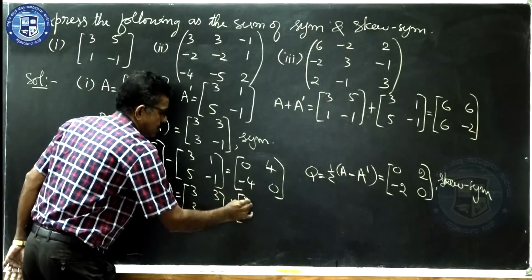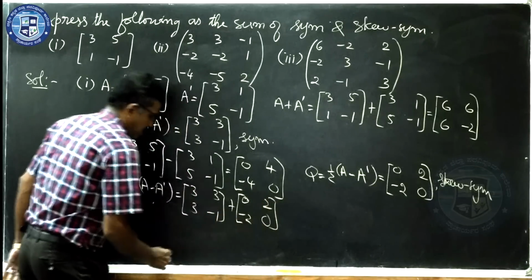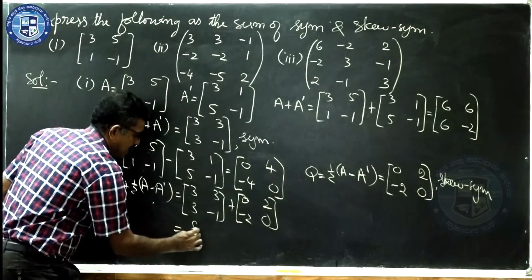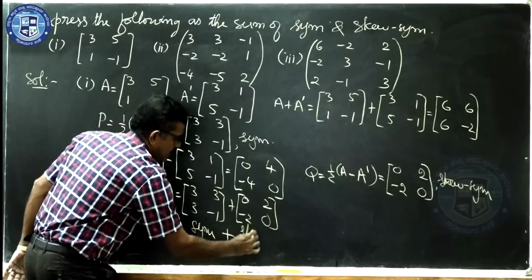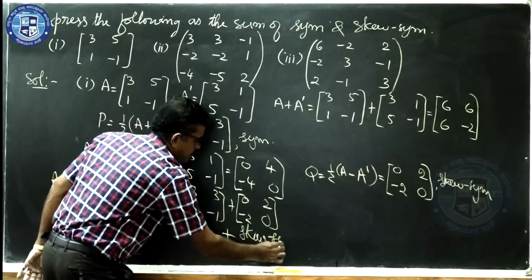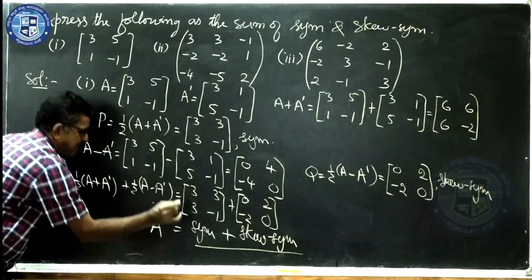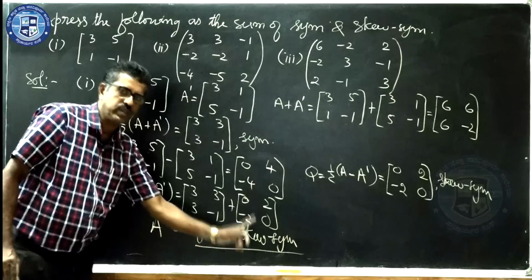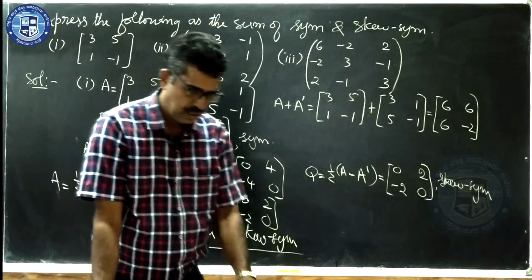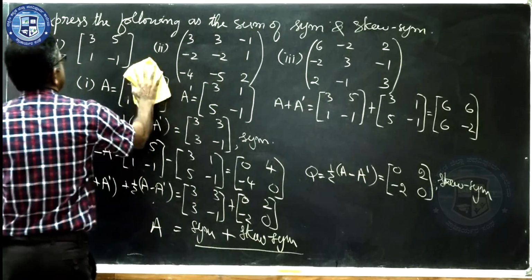It is 0, 2, minus 2, 0. Clearly, the first matrix is symmetric plus the second matrix is skew symmetric. So, we have expressed the given matrix A as a sum of symmetric and skew symmetric. So, that is the result. Let me continue with the second example in the case of 3 cross 3.